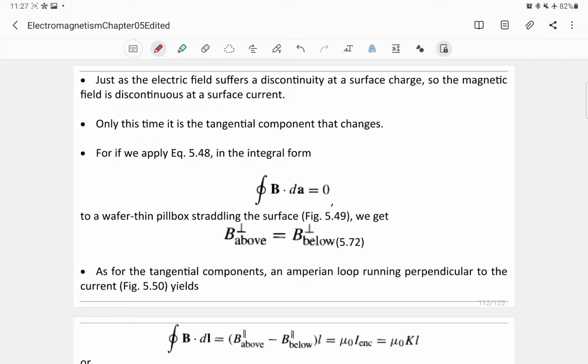So it's now tangential because it's the magnetic field. If we apply equation 5.48, I should just write it here: divergence of B is equal to 0. You won't scroll back because it's already far from here. Its integral form is this one. This is the differential form.